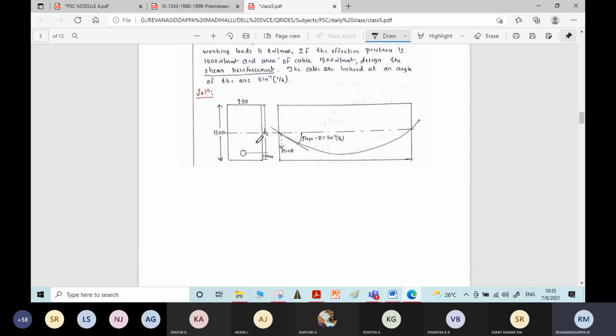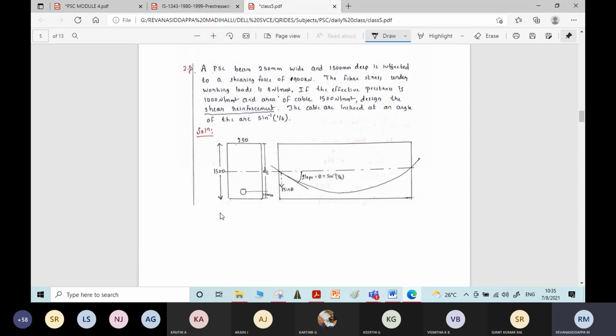B is equal to 250 mm, and overall depth is equal to 1500 mm. Then the fiber stress under working loads is equal to 4 Newton per mm square. Fiber stress means fcp here. Fiber stress fcp is equal to 4 Newton per mm square.